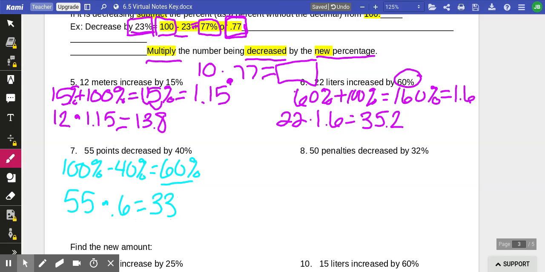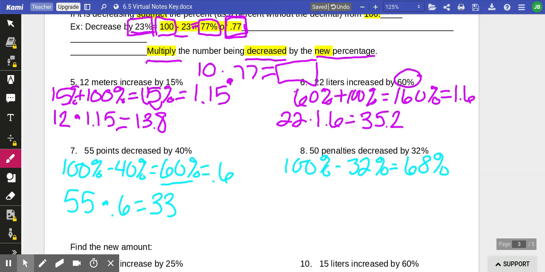Okay. Then let's look at 50 penalties decreased by 32%. So again, I'm starting with my 100%, subtracting the 32%, and that leaves me with 68%. Okay, and that 68%, I should have changed this over here.